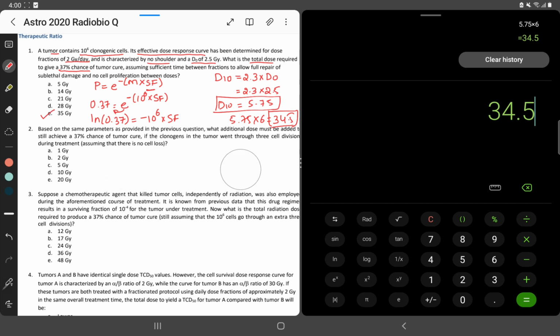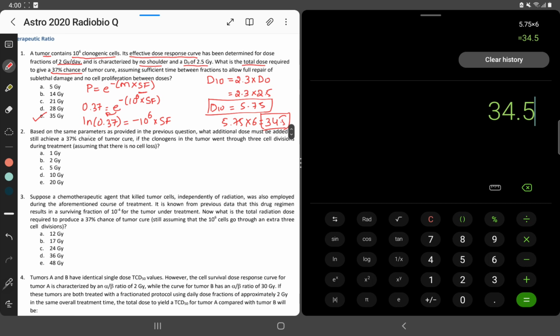Now, second question. Based on the same parameters as provided in the previous question, what additional dose must be added to still achieve 37% tumor cure if the clonogens in the tumor went through 3 cell divisions during the treatment, assuming that there is no cell loss?